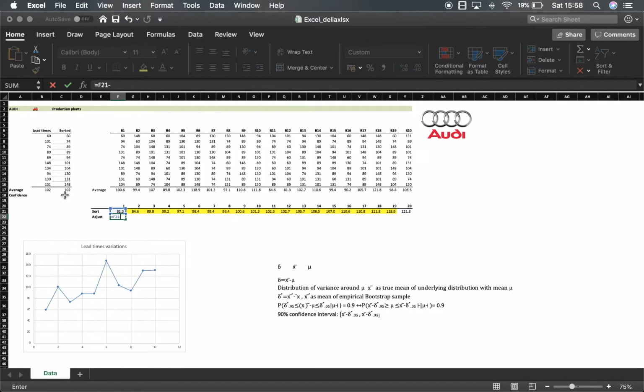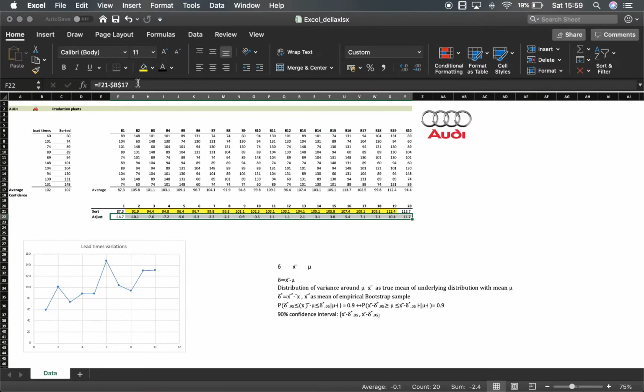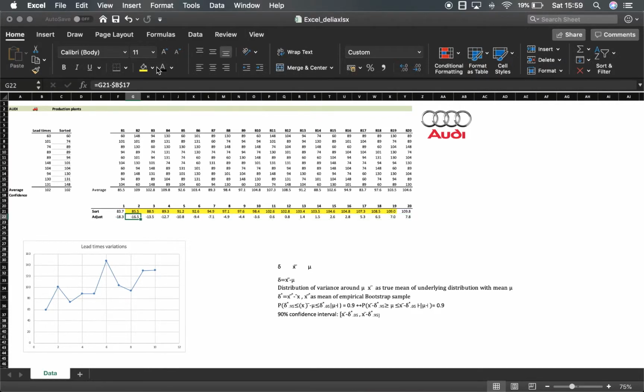For example, to get delta for our lowest bootstrap sample, we have to subtract the mean of our original sample. Again, we apply this to all 20 samples of our bootstrap. Furthermore, you should not forget to fix the average value of the original sample. We are especially interested in the upper and lower boundaries, so we highlight them in red. These represent the critical values for our confidence interval.